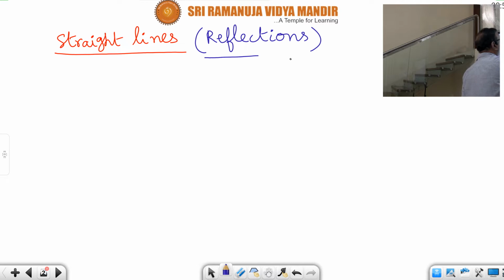Reflection and image of a point in a line. So that formula, you know, foot of the perpendicular and image formulas. So we'll see here different kinds of reflections and their applications in solving certain problems in straight lines.